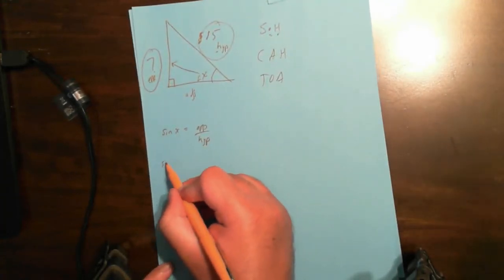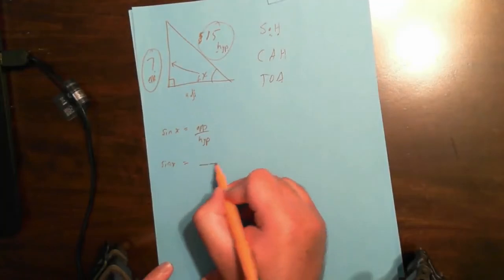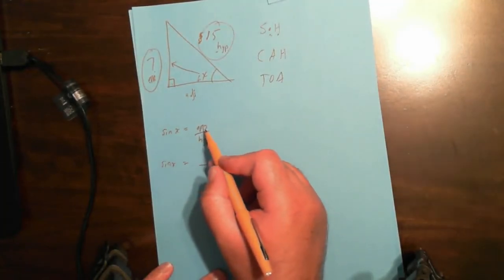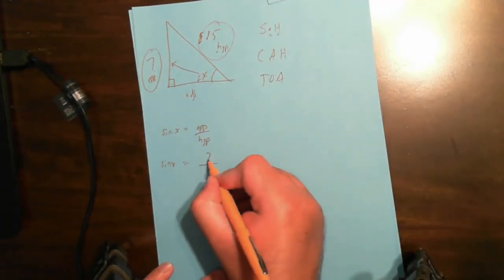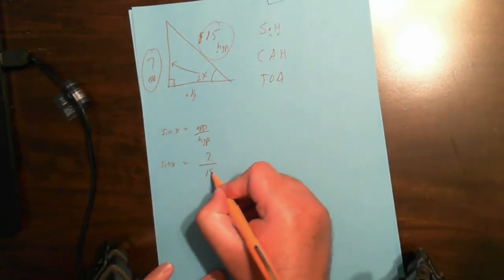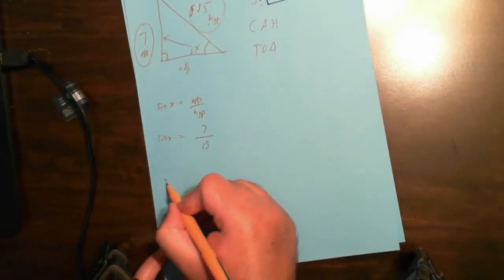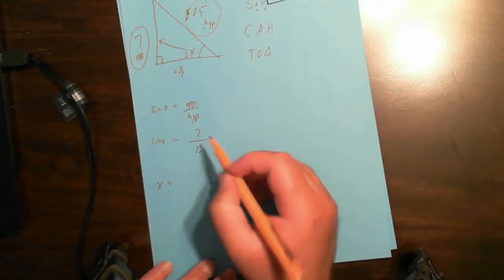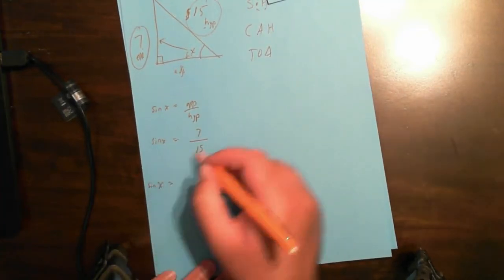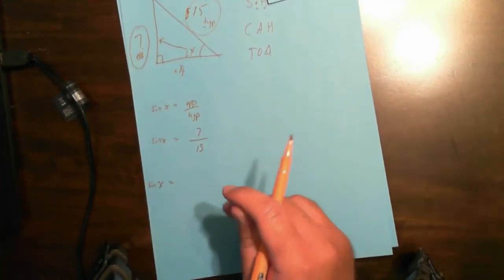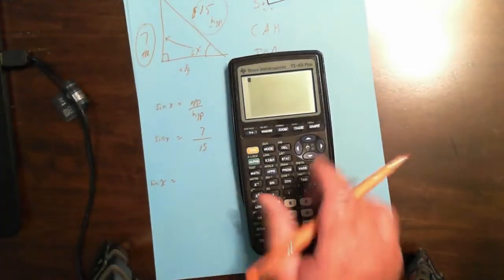So I would say, okay, the sine of my angle is my opposite over my hypotenuse. Alright? So sine x is equal to, fill in the lengths again. Opposite is 7, hypotenuse is 15. So then I can say that x is going to be, first of all, I divide these numbers, right? So 7 divided by 15.